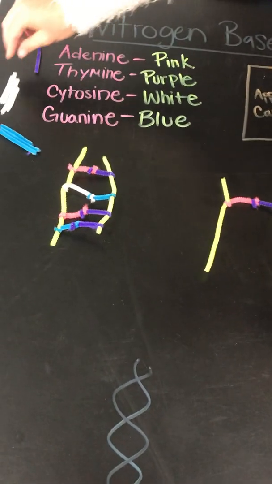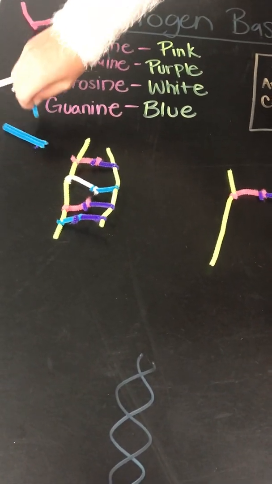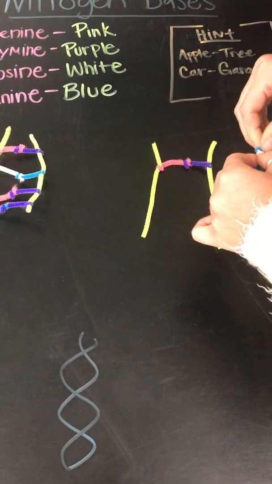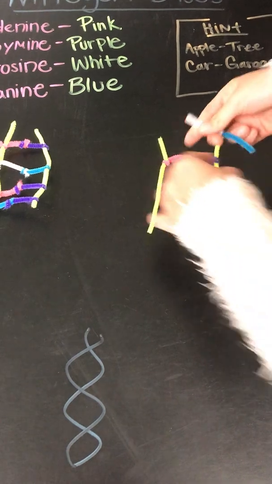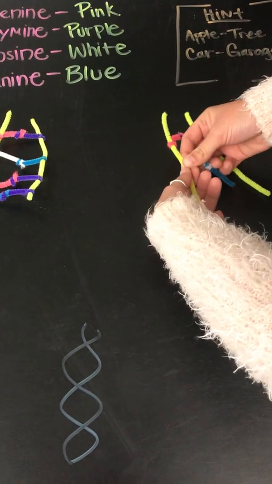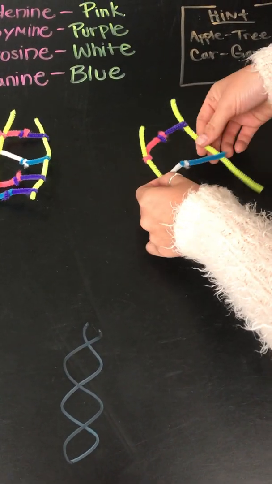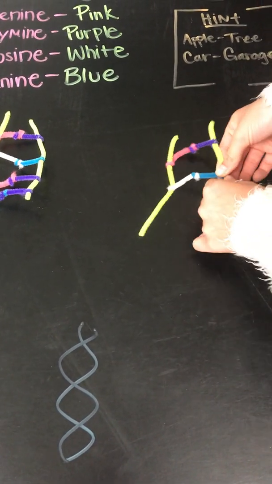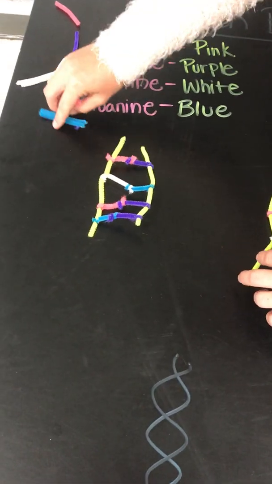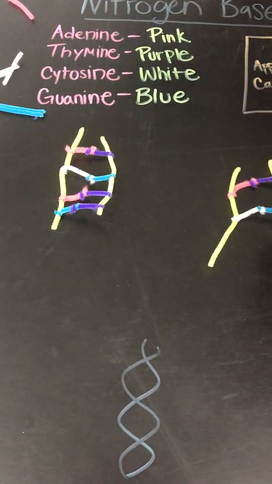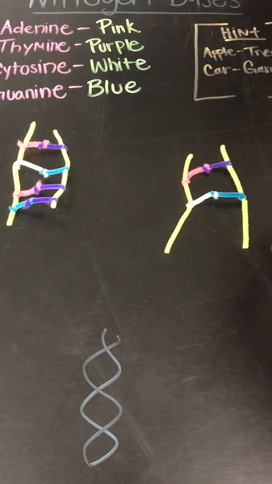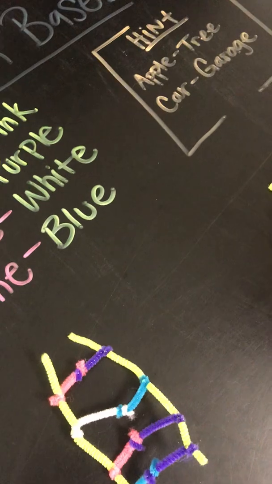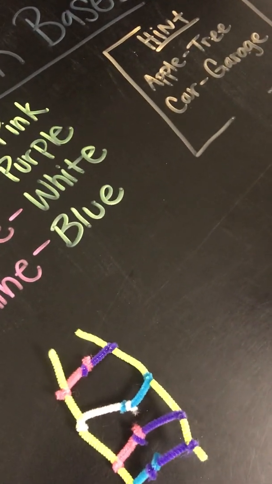Then we're going to go cytosine, guanine, C, G, car to garage. We'll do adenine, thymine again, and we'll actually put the correct ones on this last one, or maybe not.